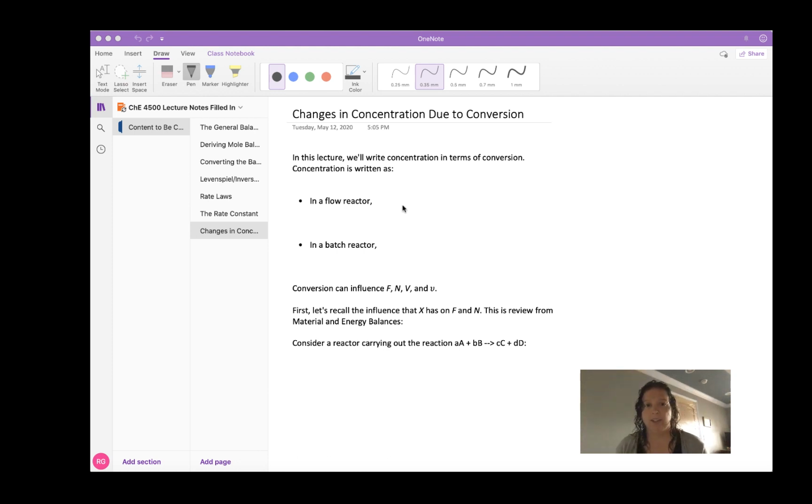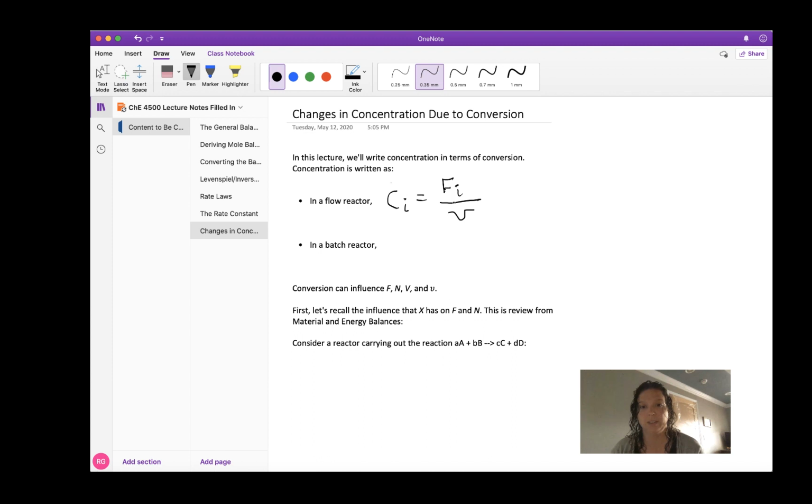So in this lecture, we'll write the concentration in terms of conversion. If we think about concentration, it has two forms. In a flow reactor, Ci, the concentration of species i, is equal to the molar flow rate of i divided by the volumetric flow rate.